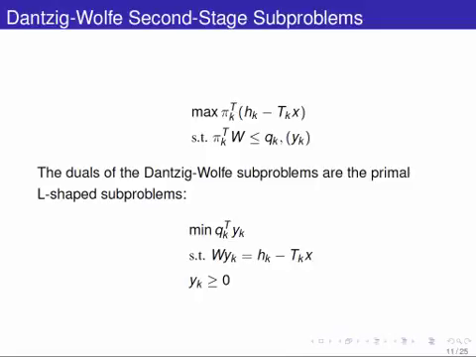And if you take the dual of this problem here, what you get in the objective function is minimize q transpose yk, subject to these constraints here. These should also look familiar. This is the sub-problem of Dantzig-Wolfe, and this is its dual, which is identical to the second stage sub-problem of the L-shaped method.